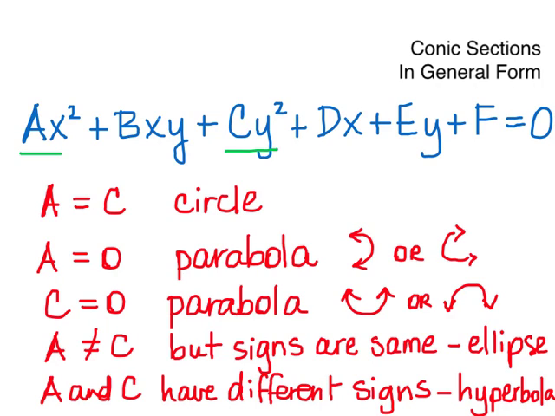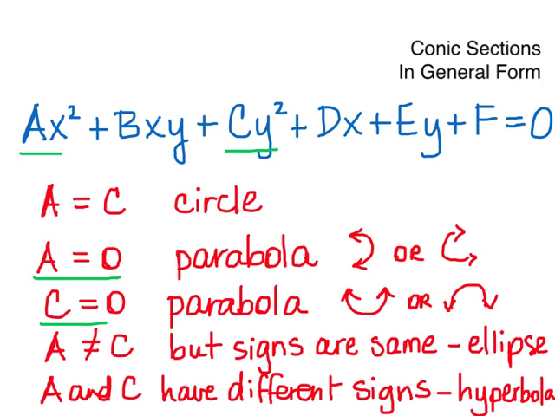And so I put specifically that if a equals 0, which means the x squared term would disappear, that means there's only a y squared term, and that is your sideways or horizontal parabola, opening either to the left or the right.